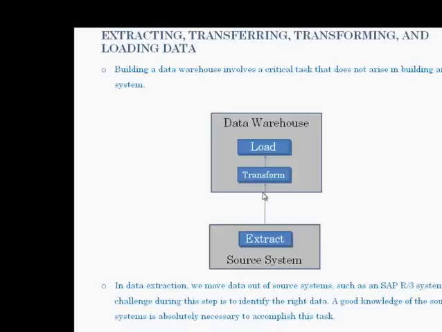That is the knowledge we need before extraction. From source systems we extract the data by activating the already existing data sources or user-defined data sources. We have to activate and replicate the data sources, and then extract the data from the source system.